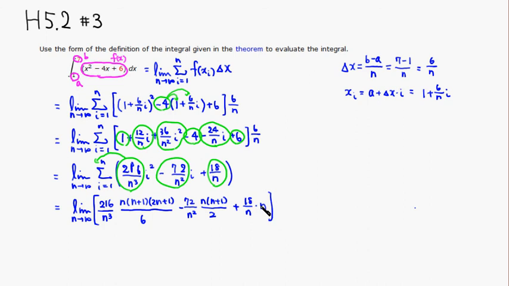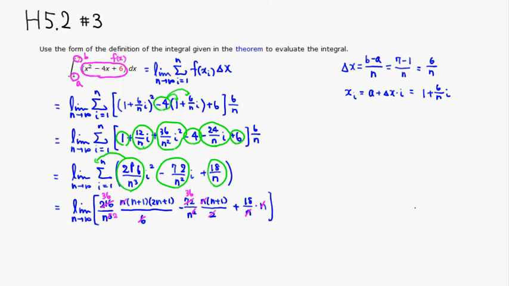Then we just have to clean up quite a bit. First, we have n here, and this n cubed comes down to squared. There's an n here, and I can cancel that square, so we have another n. Those n's cancel out. Then we can cancel the 6, so this is going to be 36 again. We can cancel 2 and 72, so that's 36 there.